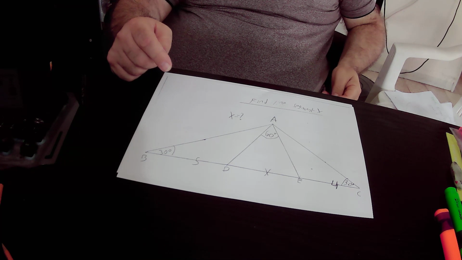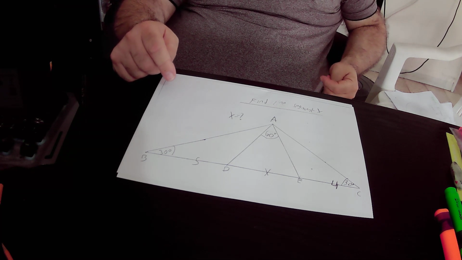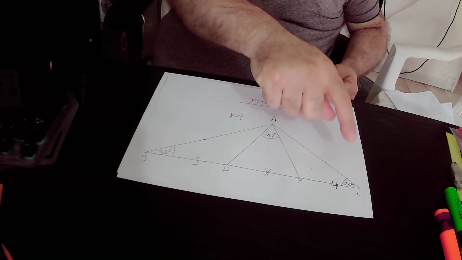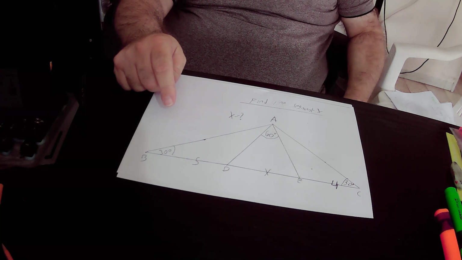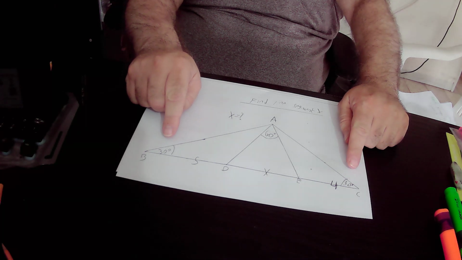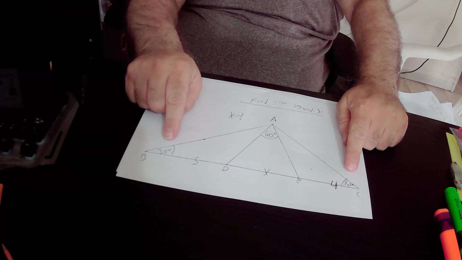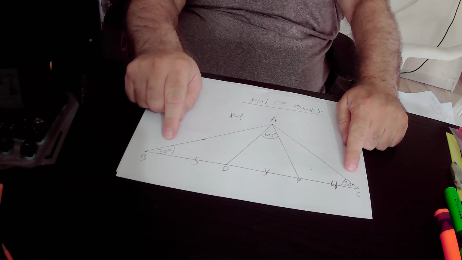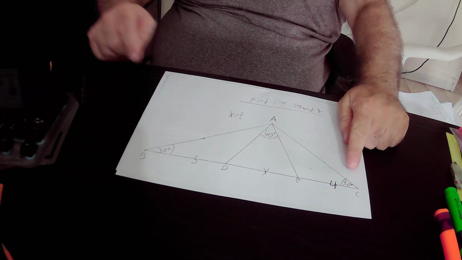Okay, so first of all, we focus on triangle ABC. In triangle ABC we have two equal angles. Those two angles are equal to each other, that is to say they are both equal to 30 degrees.